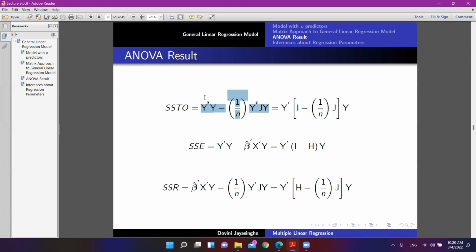If you know just two of these, it's enough. You can take the gap between these two and compute the other one. You don't have to substitute everything at each level. Just substitute something easy and then get the other one. So that is the ANOVA result.